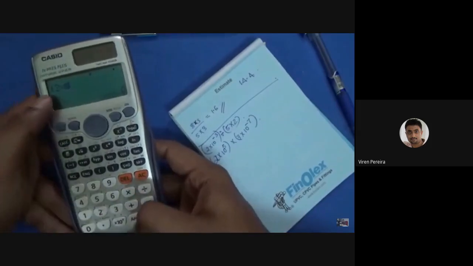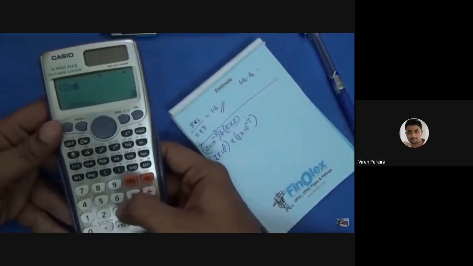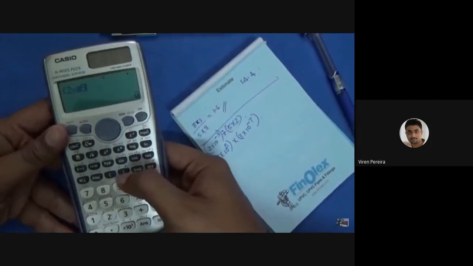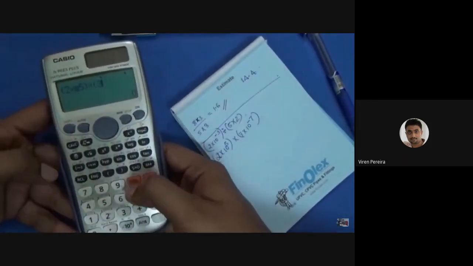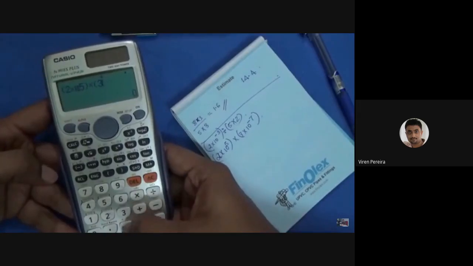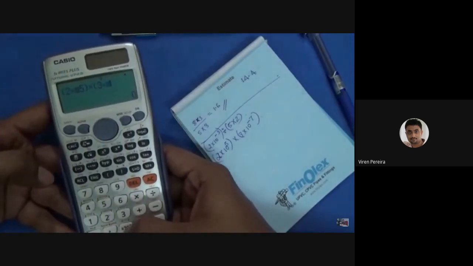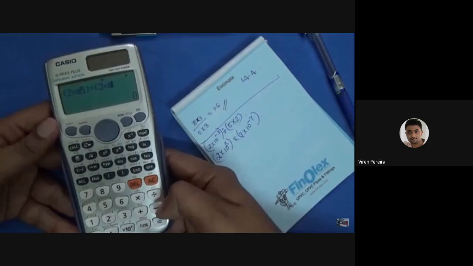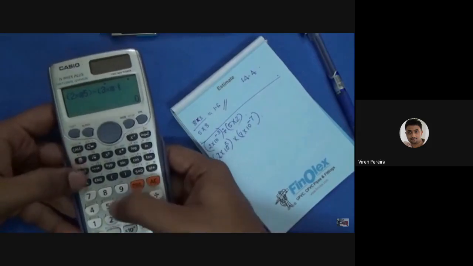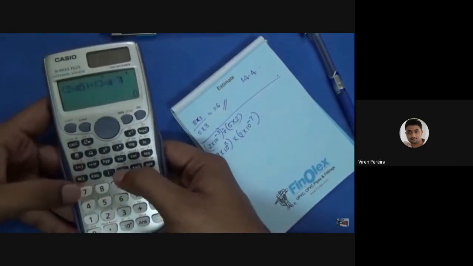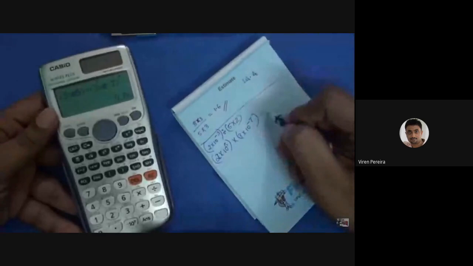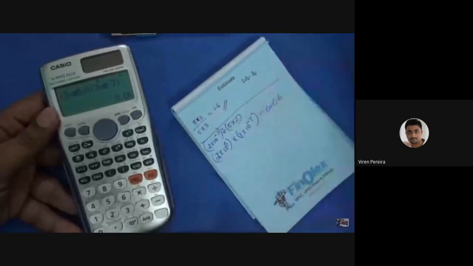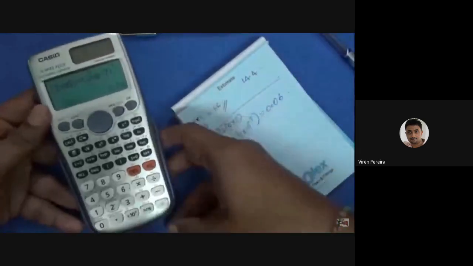I don't require the into sign because it already includes it. 5 open bracket into 3 into 10 raised to the power of, I can just directly use this, minus 7, close bracket, and I get a value as 0.06. So in this way, I can find out my values.